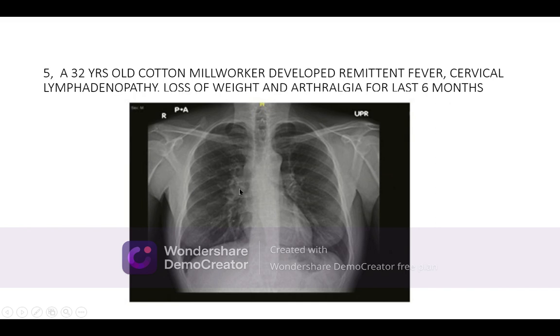The first most likely diagnosis is lymphoproliferative disorders, maybe Hodgkin lymphoma, maybe non-Hodgkin lymphoma, most likely Hodgkin type of lymphoma, because it's a centripetal distribution of the lymphadenopathy. Otherwise, the other lymphomas can also present like this.